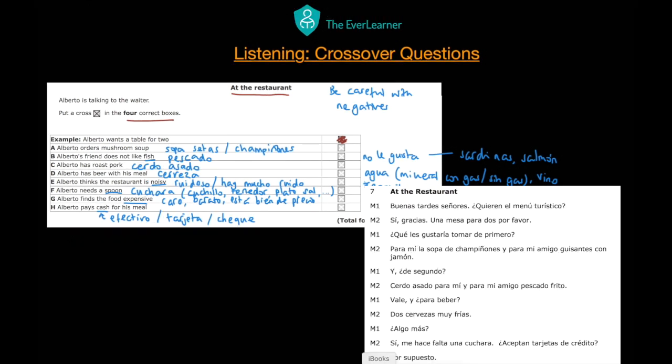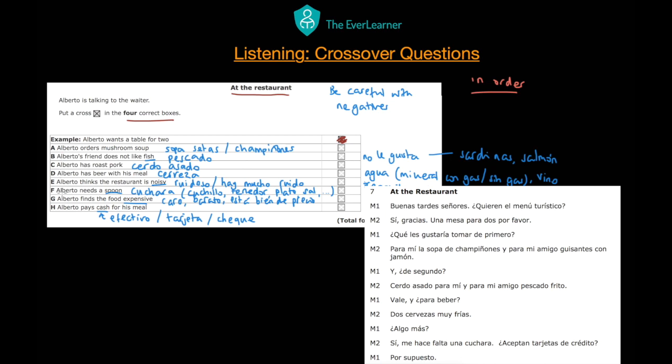Okay, so we are back, and one important thing I forgot to say is that generally speaking, the information in this type of question is going to be in order. It will appear in order. So generally, and please don't quote me, it could be that they change it, but generally speaking, especially in crossover questions, it will appear, so I don't know, they might mention this first, then this, then this, okay?